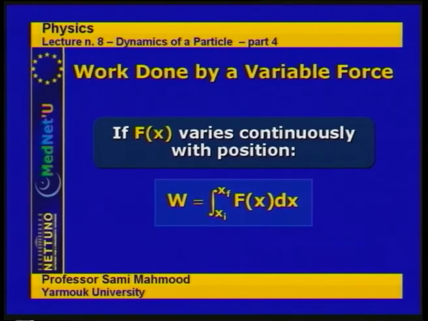That is the work done during the infinitesimal displacement. And in order to obtain the total work done from the beginning of the motion to the end of the motion, we integrate, which is equivalent to summation, this quantity f of x dx from x sub i, which is the initial position of the particle, to x sub f, which is the final position of the particle.